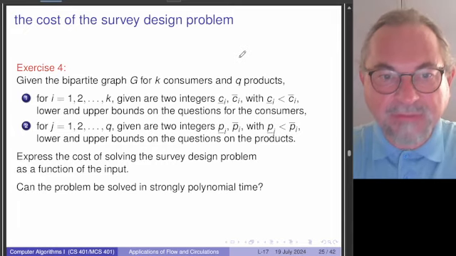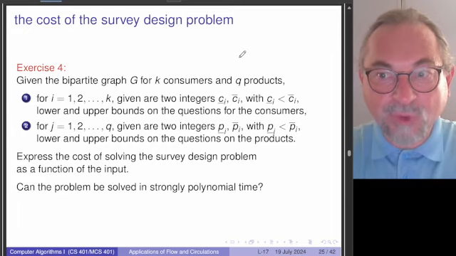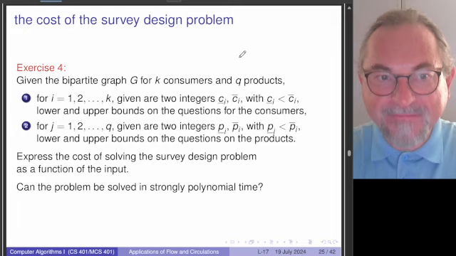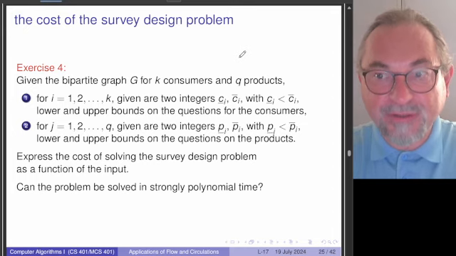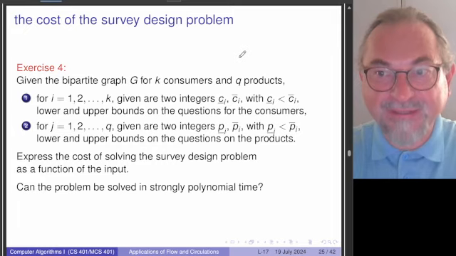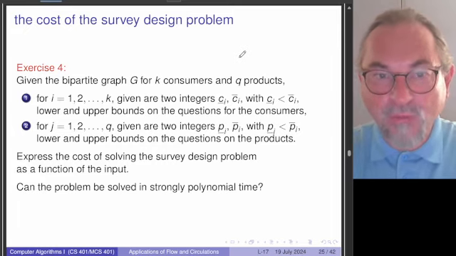Then we have the bounds on these number of questions that we can ask. We have the running time of the Ford-Fulkerson algorithm, which is m for the number of edges in our bipartite graph G, plus essentially the total number of edges in our flow network.